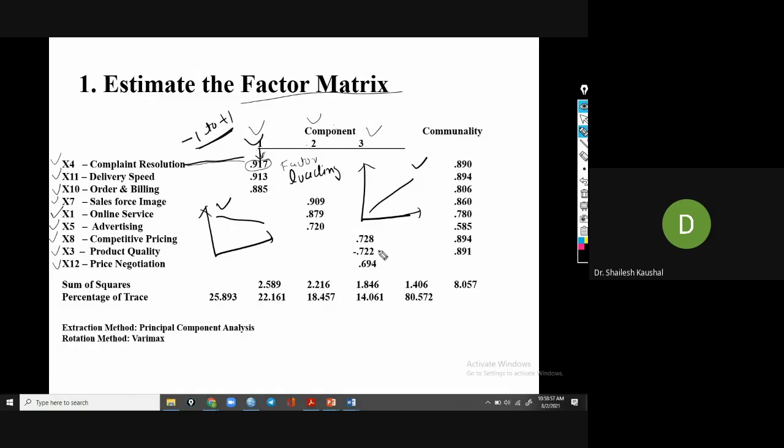If, like here, you can see the term minus 0.72, it's a negative correlation.